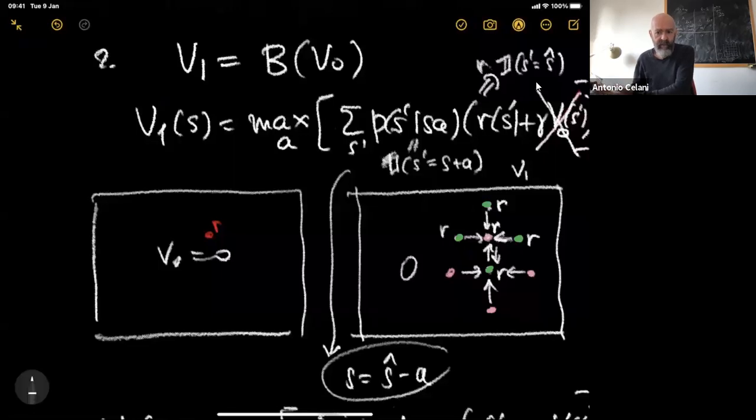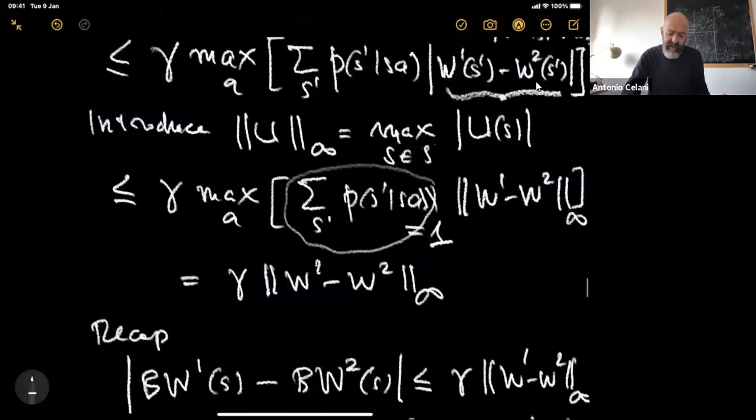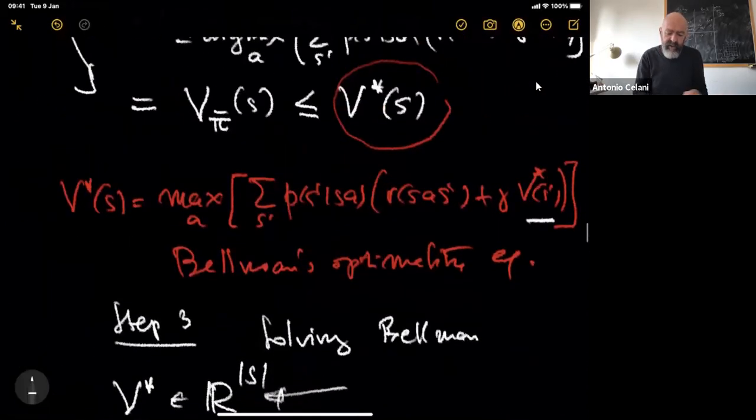This is one way to go, but there's an even more radical approach which bypasses this model construction, which in a nutshell amounts to saying that you can solve this equation here, the Bellman equation, without knowing this. How? Well, let me just use this as a teaser.